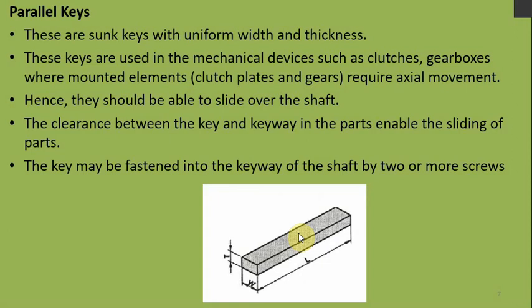In a clutch, if you know the working of a clutch, the clutch plate always slides over the shaft. And also in a gearbox, when we are shifting the gears, the related gear shifter is sliding over the rotating shaft.